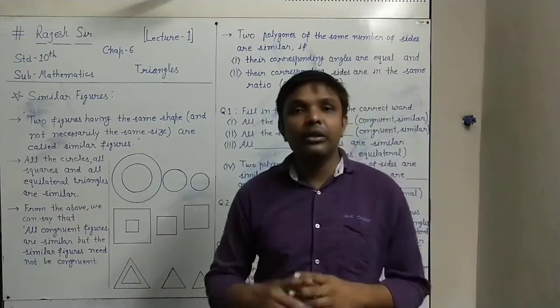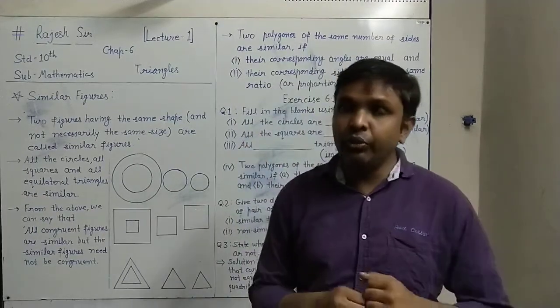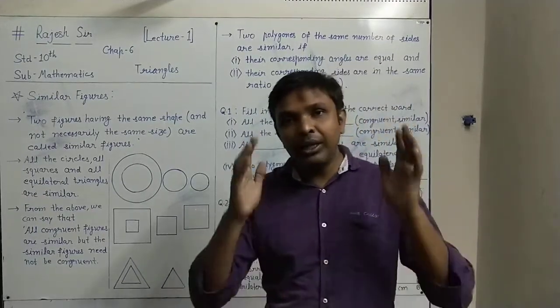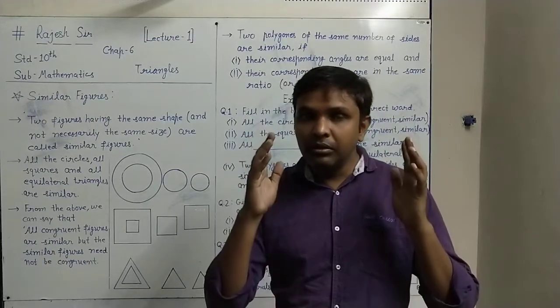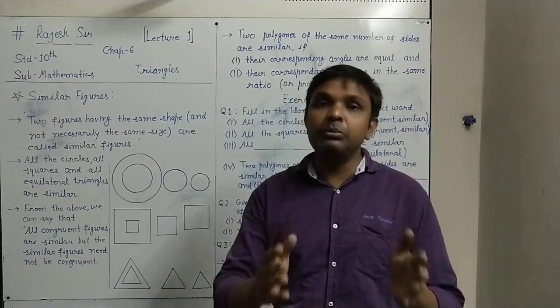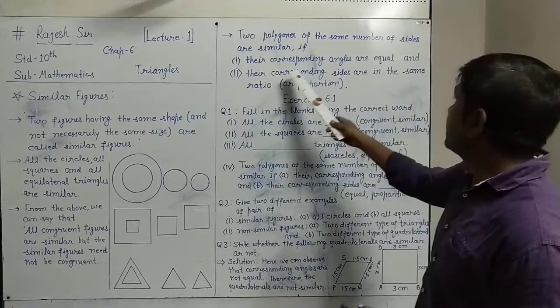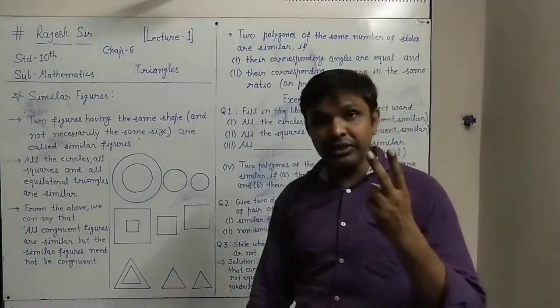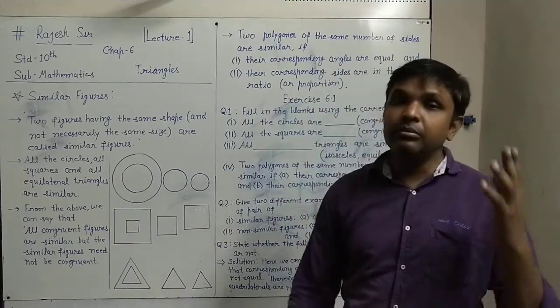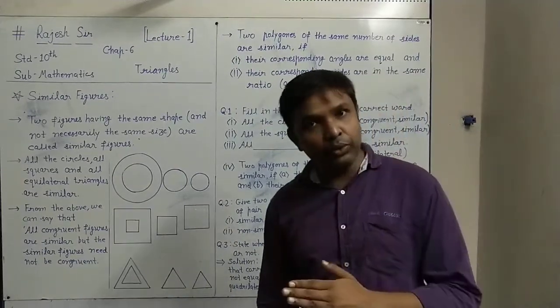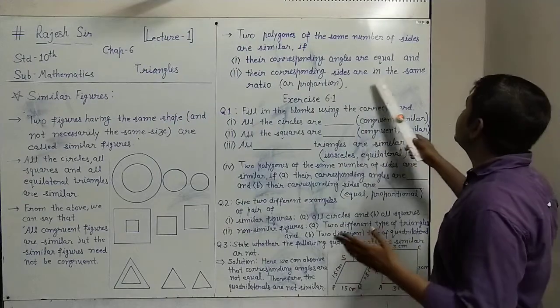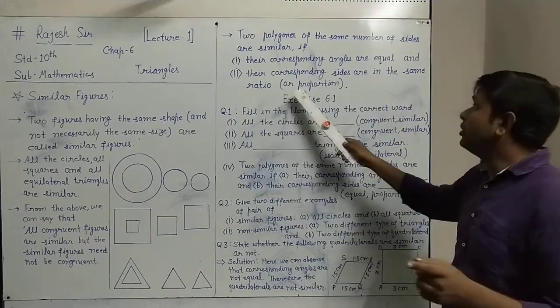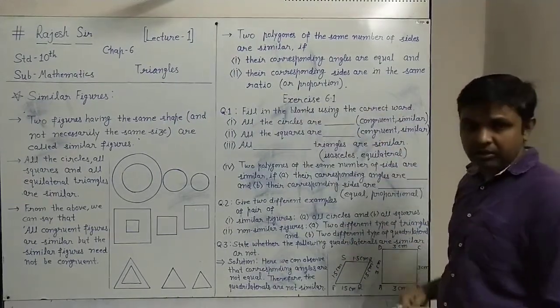The second condition, about the angles: their corresponding angles must be equal. What about sides? The sides must be in the same ratio. Their corresponding sides are in the same ratio, and this same ratio is called proportion.